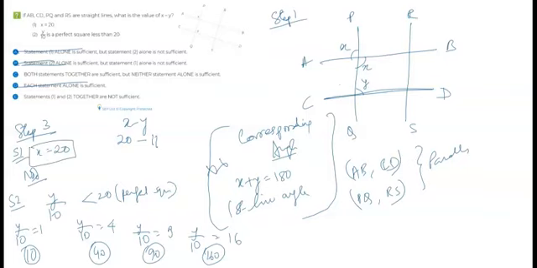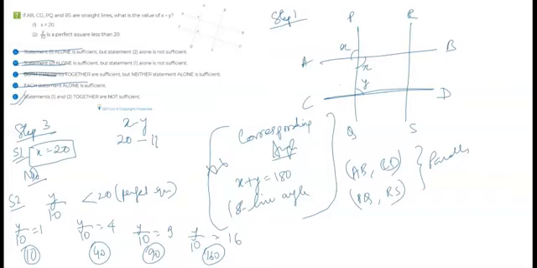So even if we combine both of them, we'll get different answers: 20 minus 10 is 10, 20 minus 40 is minus 20, then minus 70, minus 140. So you're getting 4 different answers in this case. That is why even after combining, we cannot get the answer, and the correct answer in this case is option E.